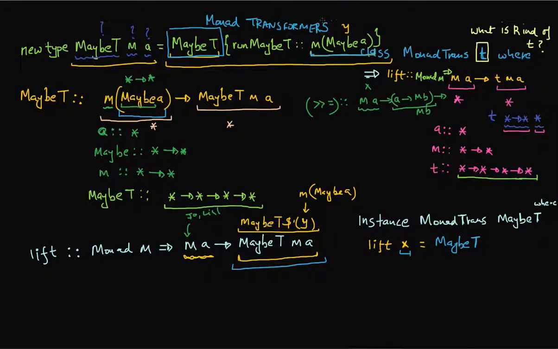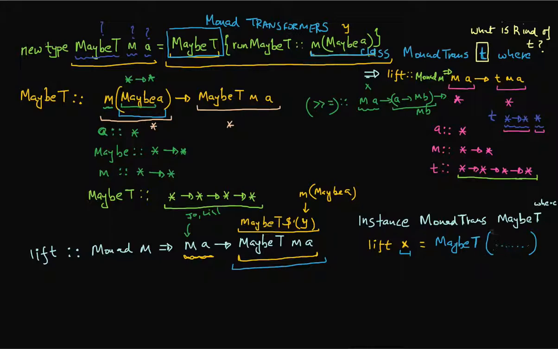Now how do I create this value which has this type m of maybe of a? How do I pass in that value in these ellipses here? That's going to be something of that type m of maybe of a.